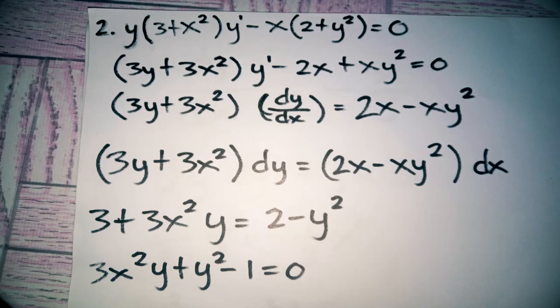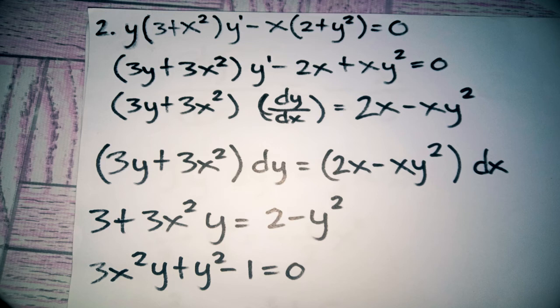Number 2. Y(3 plus x squared) y prime minus x(2 plus y squared) is equal to 0.